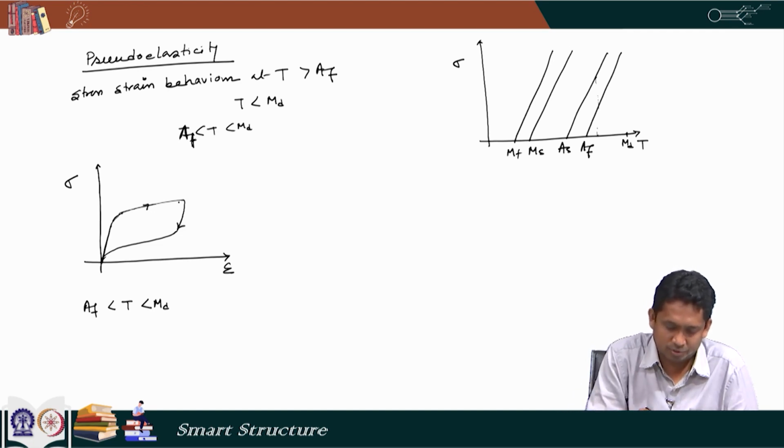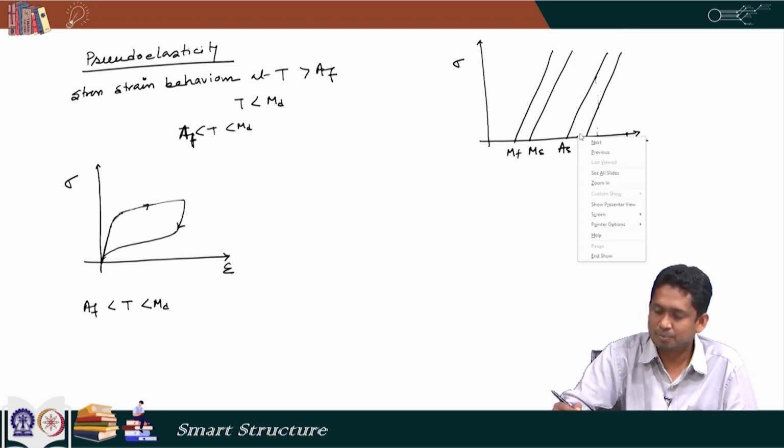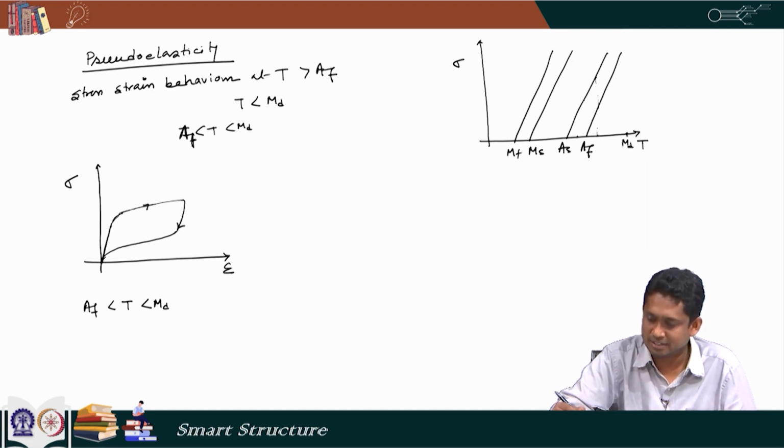and then it shows a behavior like this, reduced slope, and on unloading initially the behavior is the same, but at the end it does not come back to where it started. While unloading, when it crosses these lines AS and MF, the martensite to austenite transformation takes place, but because the temperature is less than AF, the full transformation does not take place.